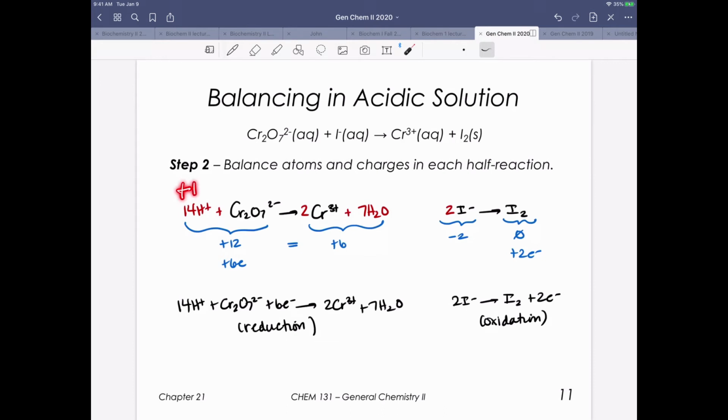So the net of +14 and -2 is going to be +12. So the net charge on the left side is +12. If I want to have these charges balanced, that means I need to add 6 negative things, 6 electrons, to the left side there. Okay?